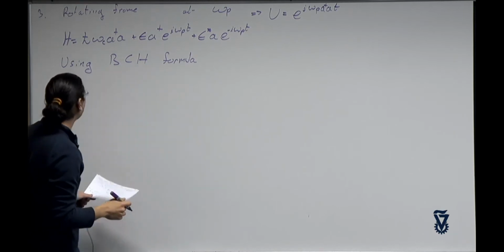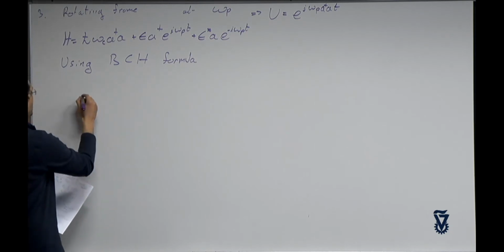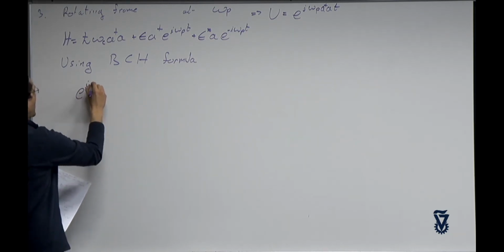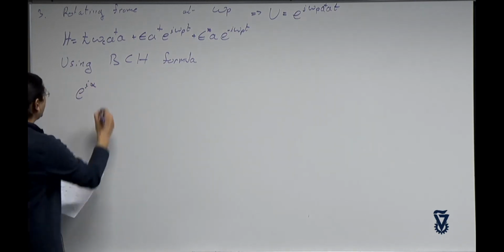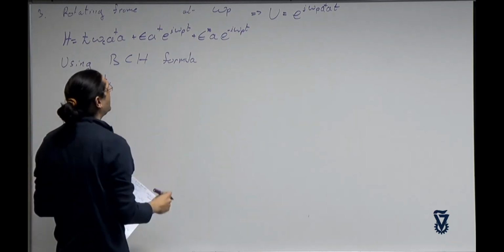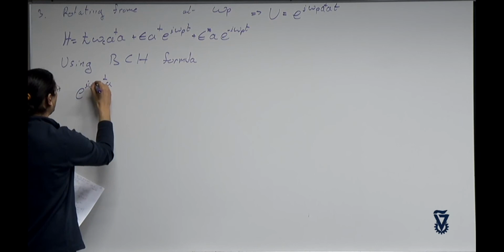So here it is again. If you use it, you will see that if you have some e to the i alpha a dagger a, where alpha here is omega p.